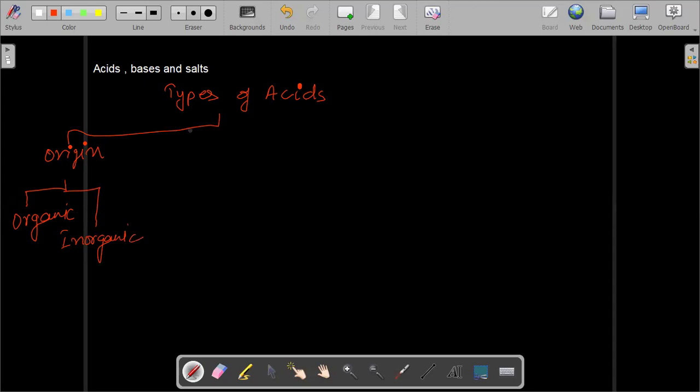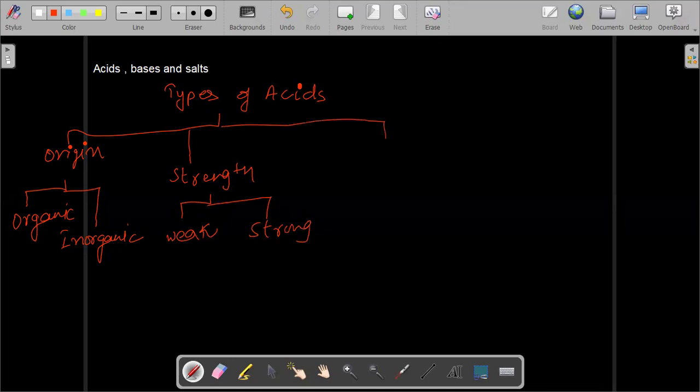On the basis of their strength, we can classify the acids to be a weak acid or a strong acid. On the basis of their dilution, we can classify the acids to be a dilute acid or a concentrated acid.